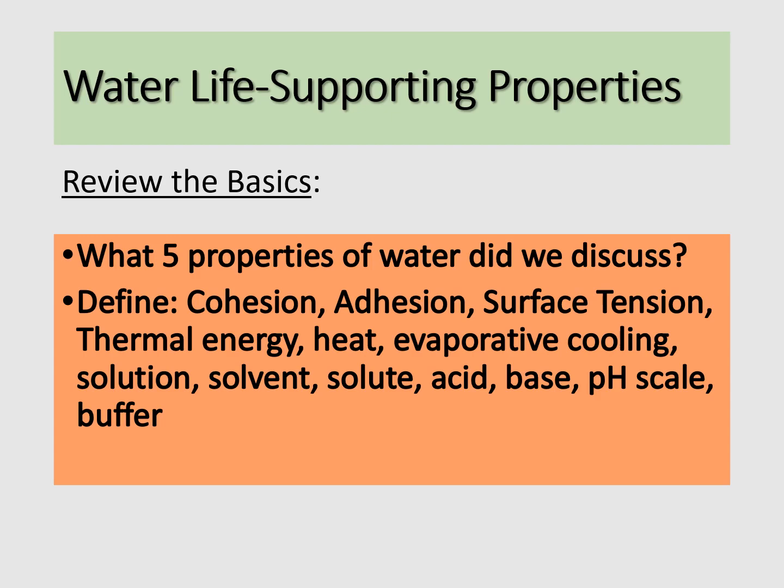All right, so hopefully you've had enough time to answer some of these questions. So what are our 5 properties of water that we discussed? And this is just coming off the top of my head, right? So we said that water has adhesion and cohesion, right? Because of those hydrogen bonds, it's going to decrease the temperature changes in the body.